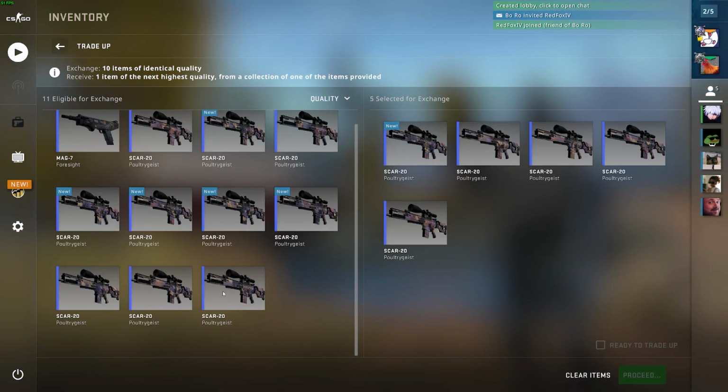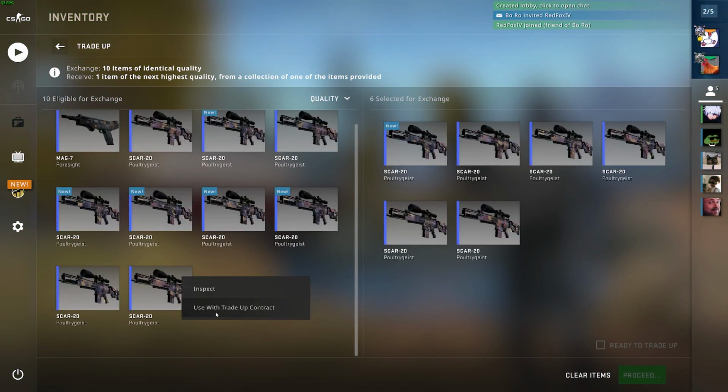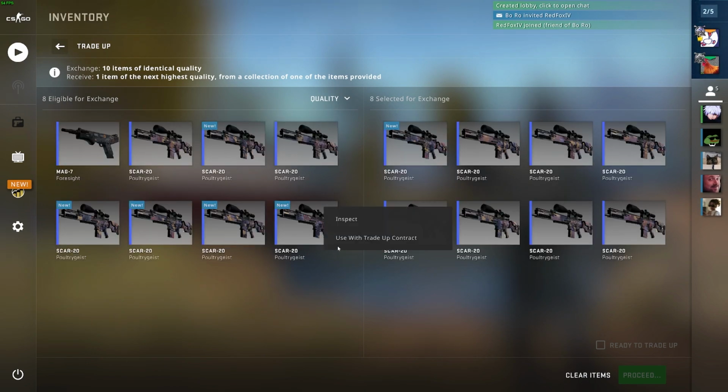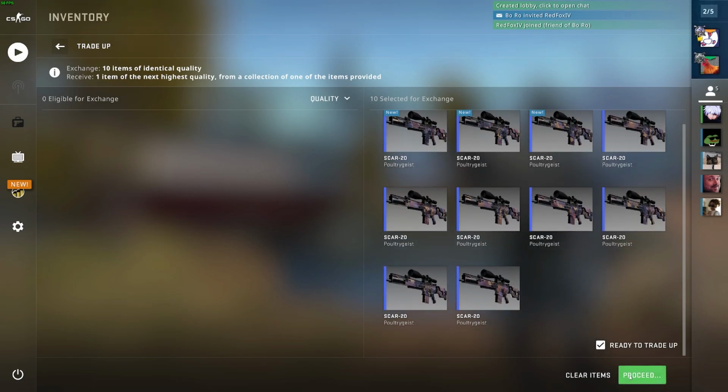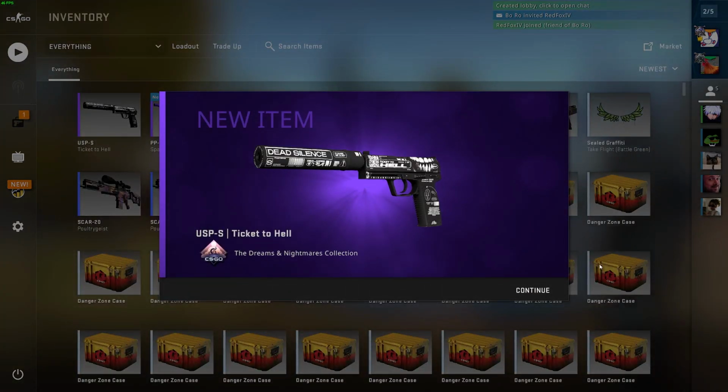There is also the ability to use those skins in trade-up contracts, meaning they always have some form of value, and even the more expensive skins can still be traded up. These skins can have thousands of listings and people won't be dissuaded or put off, they will still buy them.